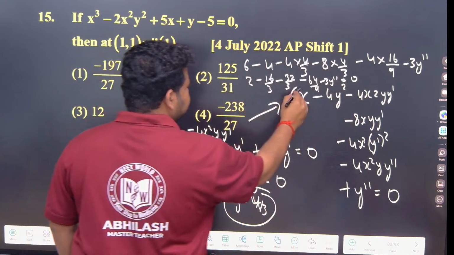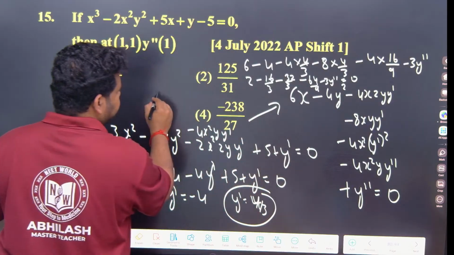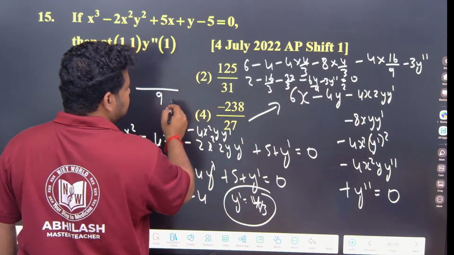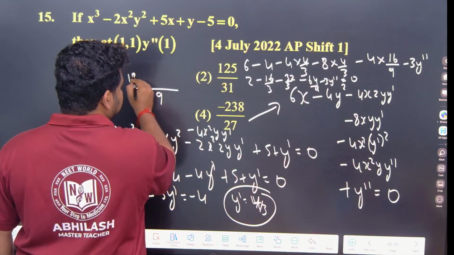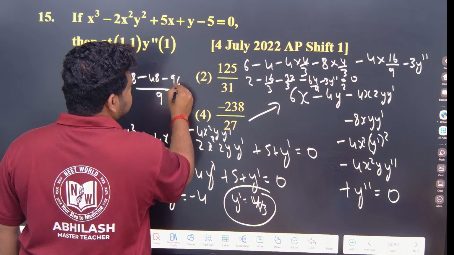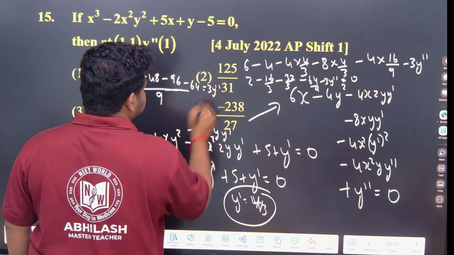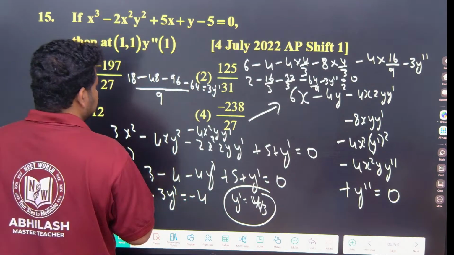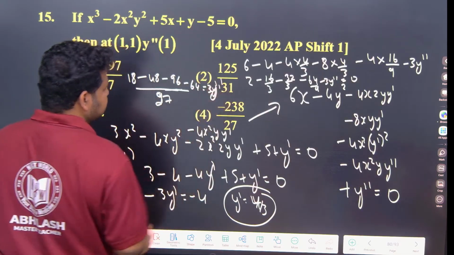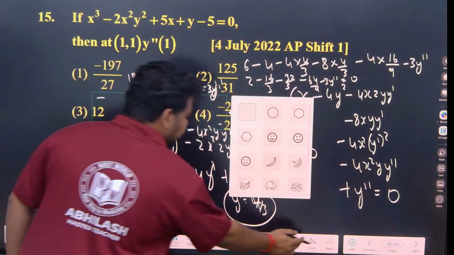Now LCM is what? 9. 3 and 9 LCM is 9. Now this is 18 minus 16 into 3 is 48, minus 96, minus 64 is equal to 3y double dash. If I send this 3 here, this will become 27. Y double dash is over 27. Which option? Two options have denominator 27, but still I cannot decide.